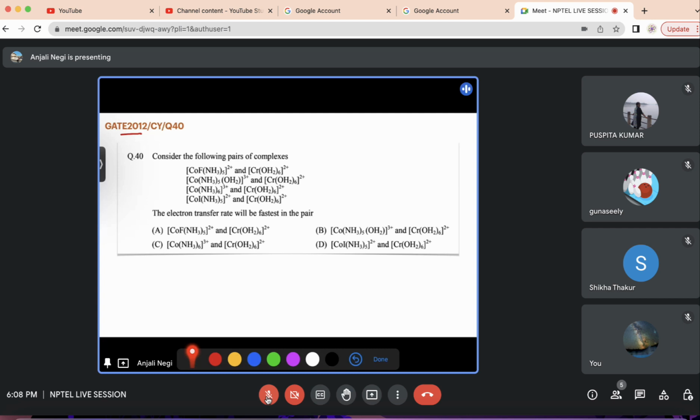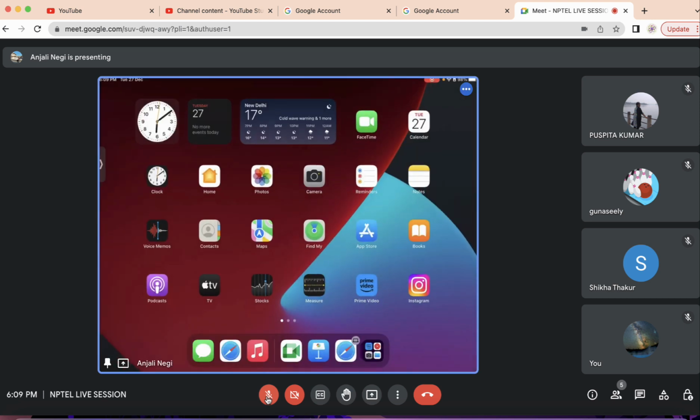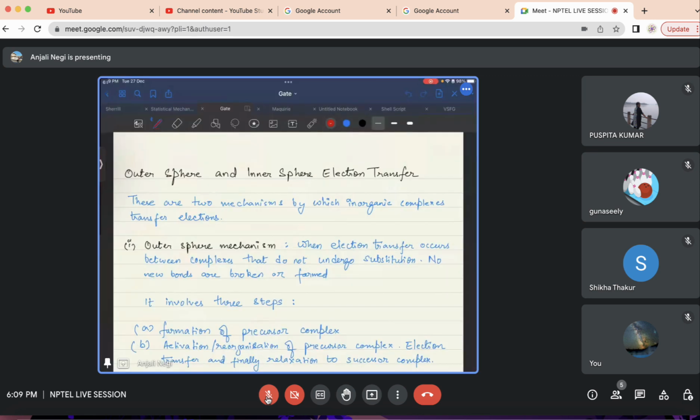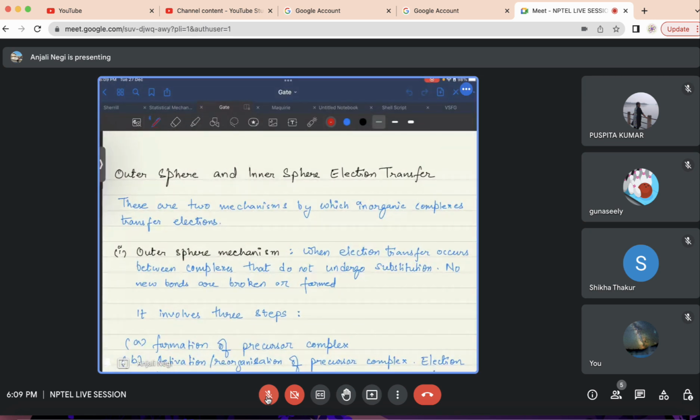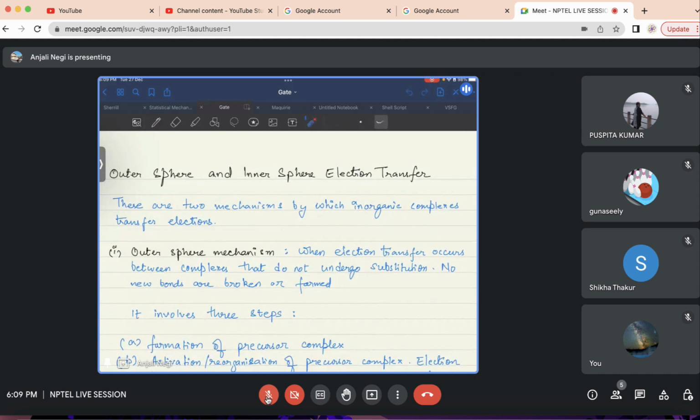What actually gives us the electron transfer rate in a pair of complexes is what we study in our inorganic chemistry, the outer and inner sphere electron transfer mechanism. So let's go into the basics. Here we have outer sphere and inner sphere electron transfer.